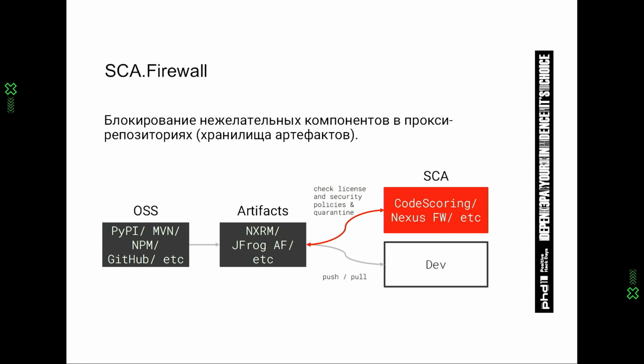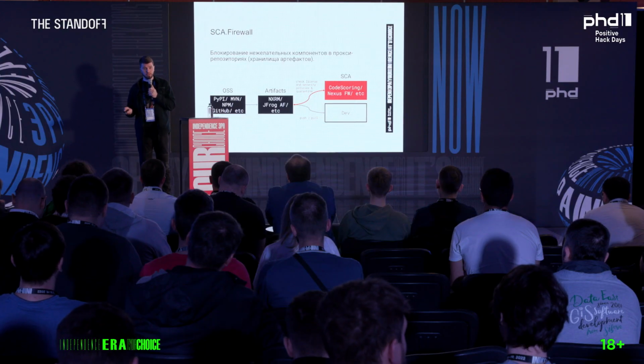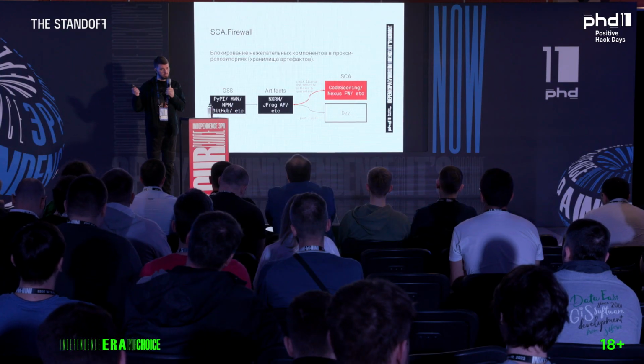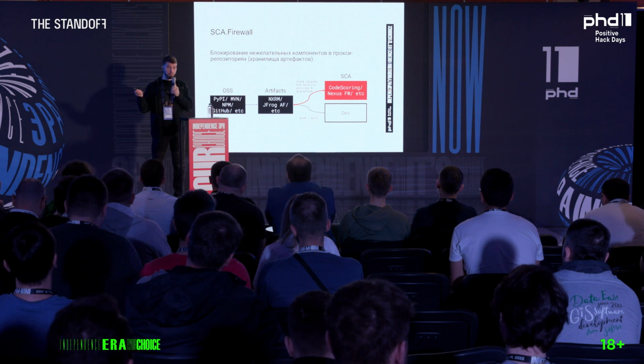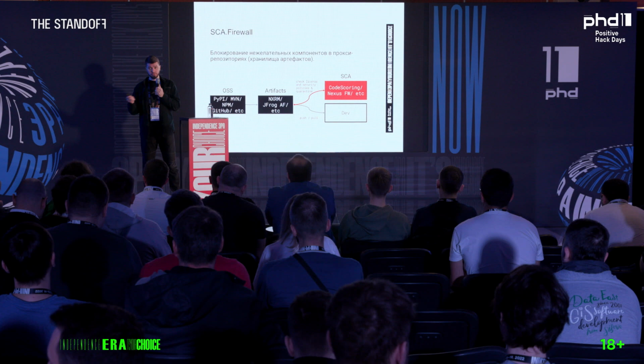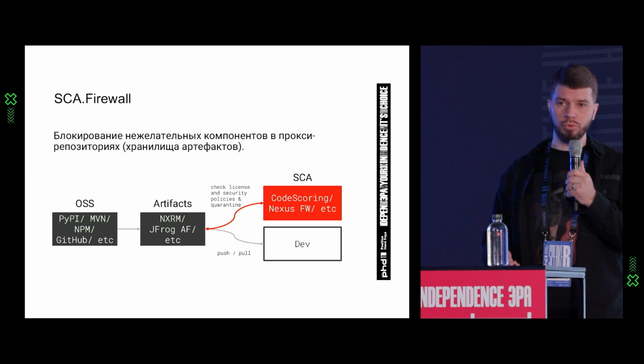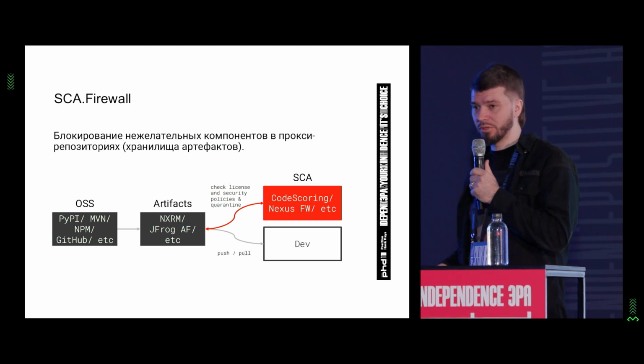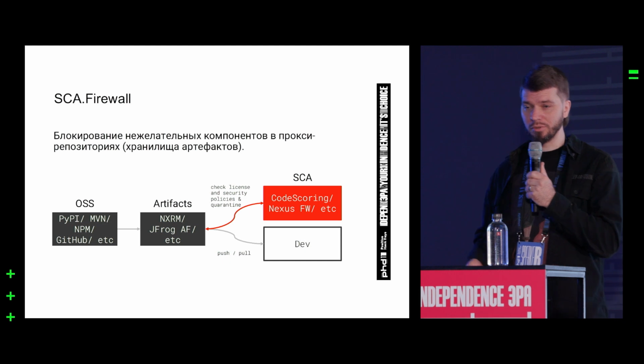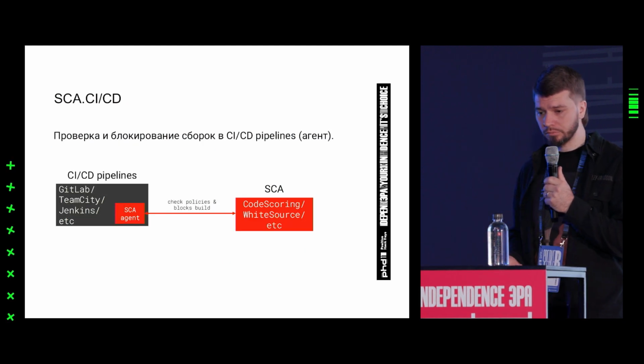Then you have either a plugin with SCA or you use some program interfaces, and you get information on whether or not this goes through the quality gates or security gates that is identified in your SCA policy. And after that, it's either quarantined or goes on for development. If it goes on quarantine, you get notification and you keep working, you keep checking the package. For example, if it's launched after a particular date, you put it on test analysis or you try to understand what goes on with it.